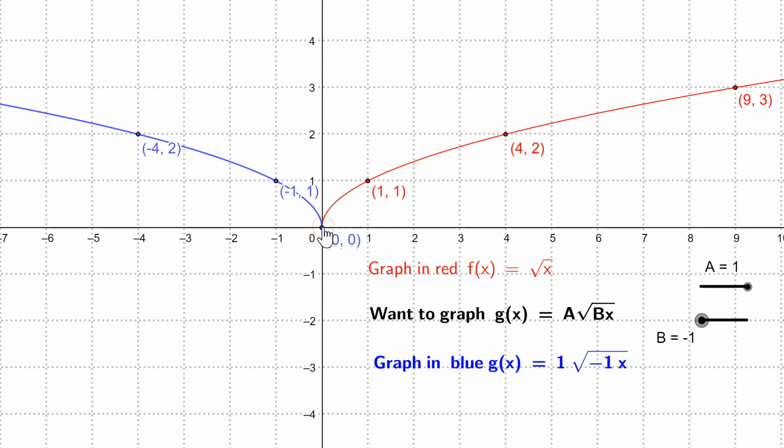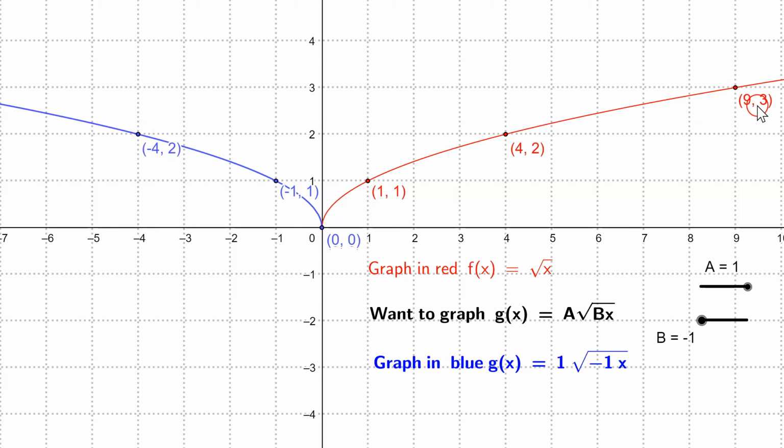Looking at the point 0, 0 that was on the y-axis stayed where it was, but 1, 1 became -1, 1. The y value stayed the same, but the x value became its opposite. 4, 2, it was 4 units to the right of the y-axis. It becomes 4 units to the left of the y-axis.